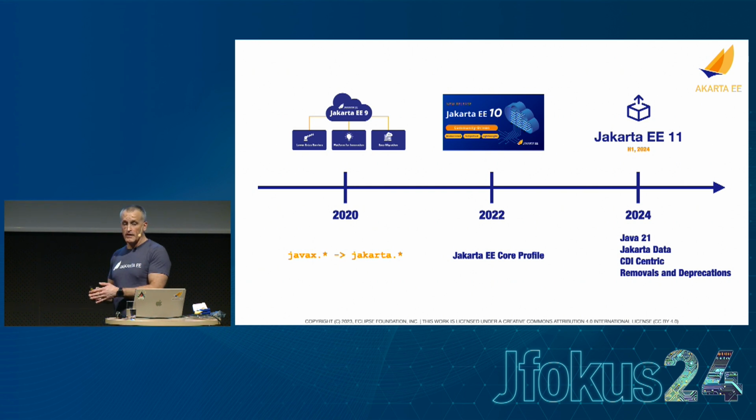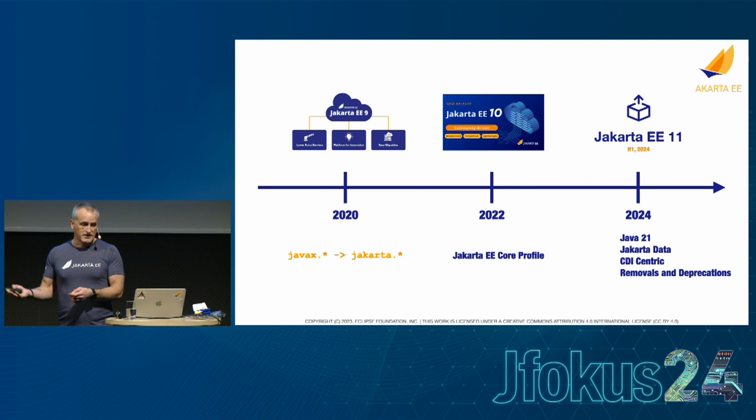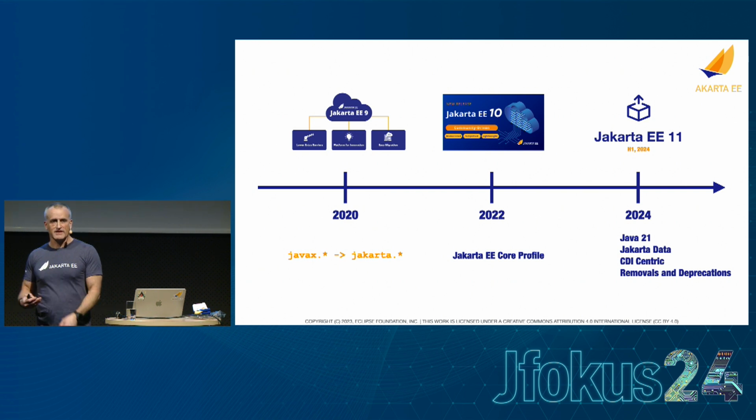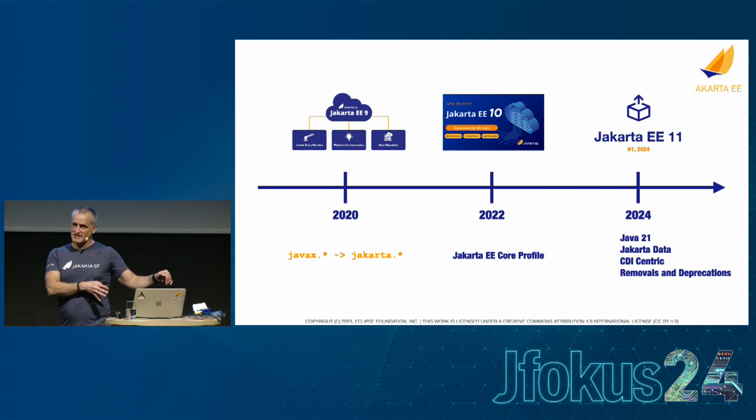Jakarta Data is a new specification. Lots of removals and deprecations and clarifications. We're on the path of getting CDI centric. Me personally, I think EJBs are a fantastic technology, but we know the kind of legacy the name has.